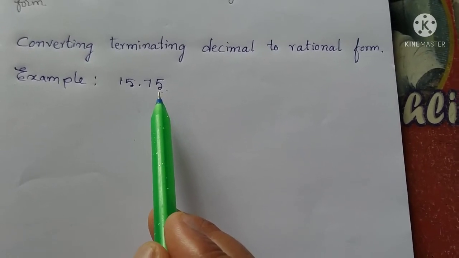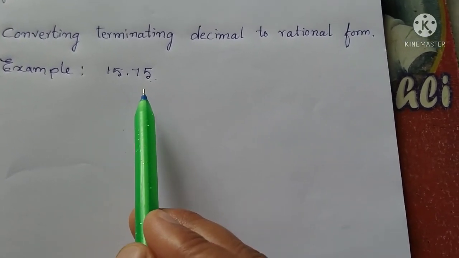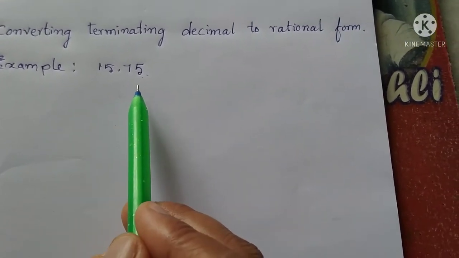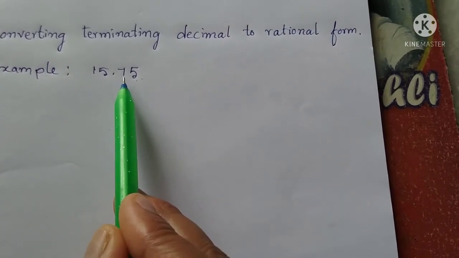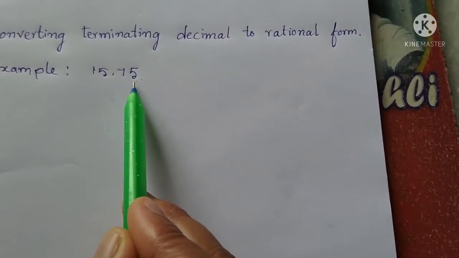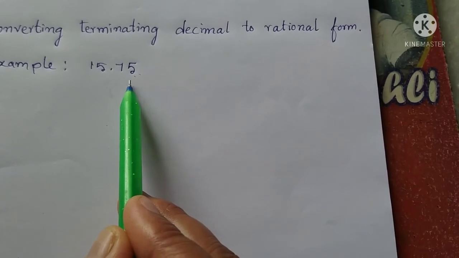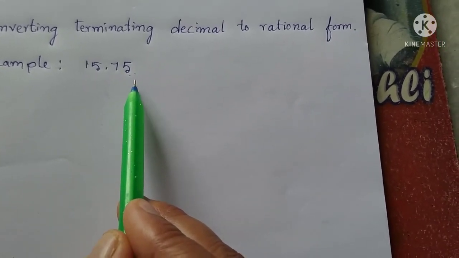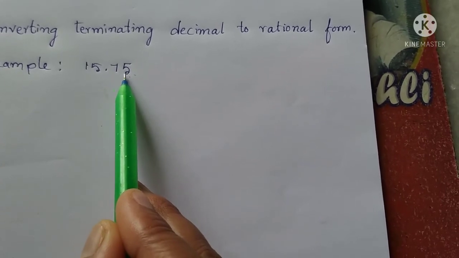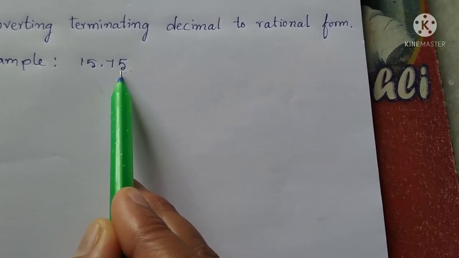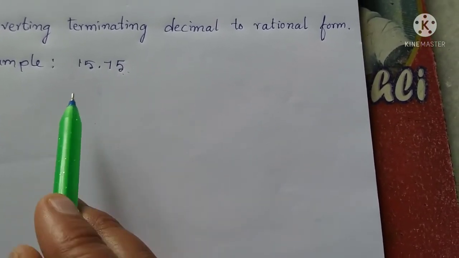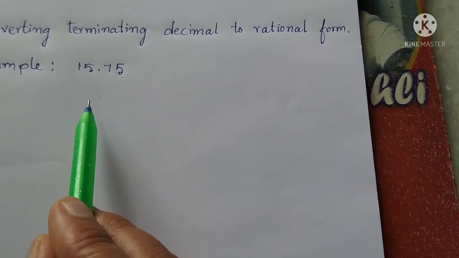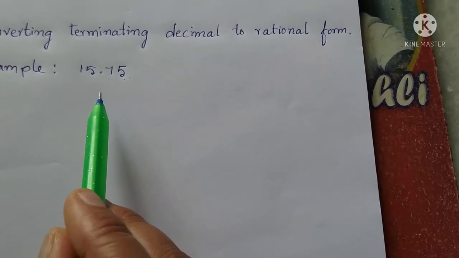Okay, so multiply and divide. How many decimals are there after the point? Two decimals. Then we have to multiply and divide with 1 followed by 2 zeros. Take 1 annexed with as many zeros as the number of decimal places.